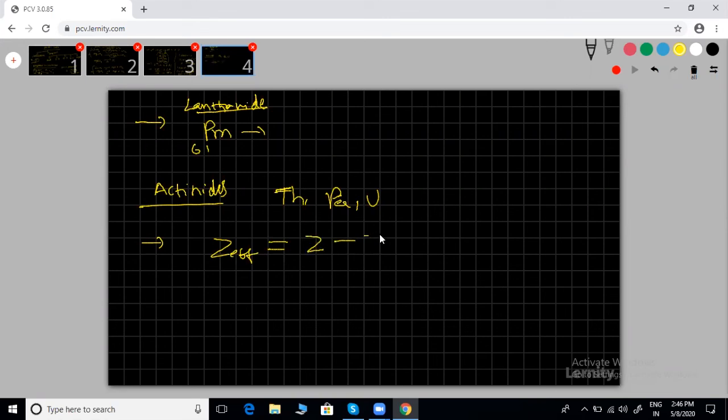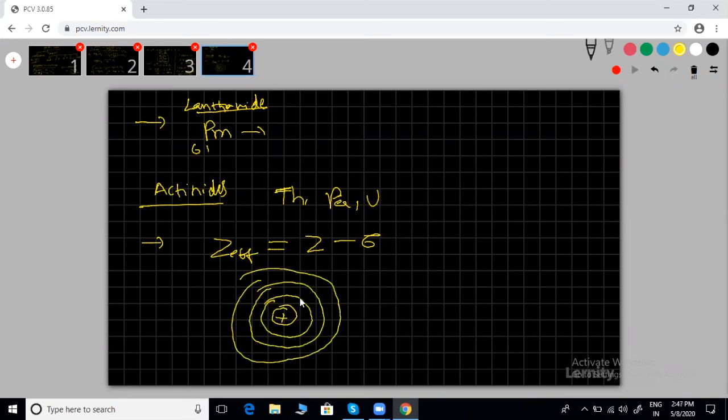Z minus sigma. Meaning, this is the nucleus. They have some electrons in the outer shell. Assume that. We always use Bohr's model to explain it easily. Whenever the nucleus is attracting, it can attract only up to some level.